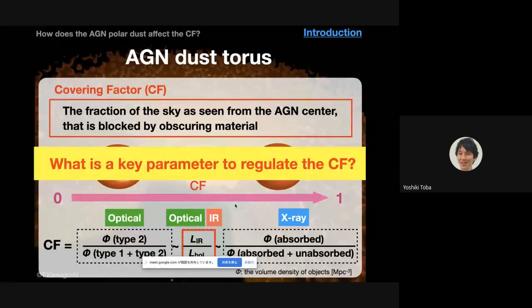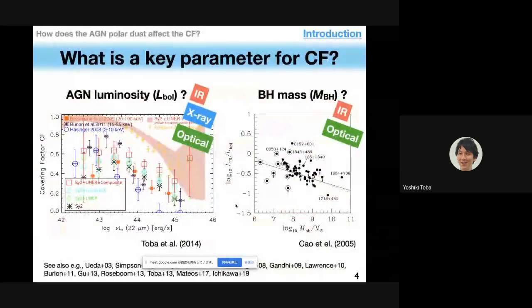As you may know, covering factor is expected to probe the structure of the dusty torus, but an important question here is what is a key parameter to regulate the covering factor, which is my topic in this talk. So let's see possible parameters on the next slide. So I think AGN luminosity and black hole mass are possible candidates.